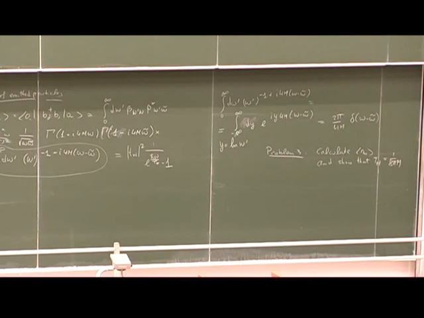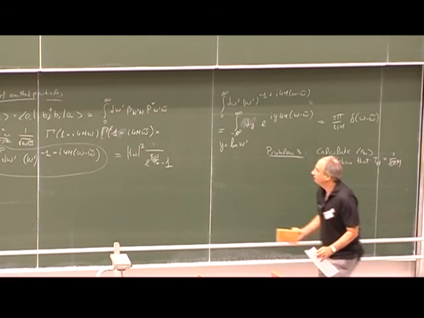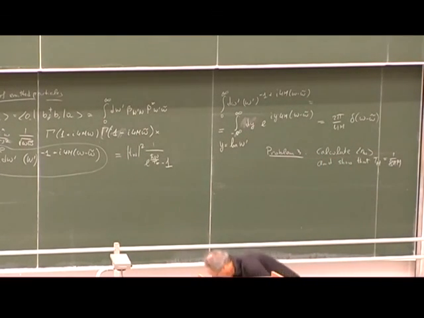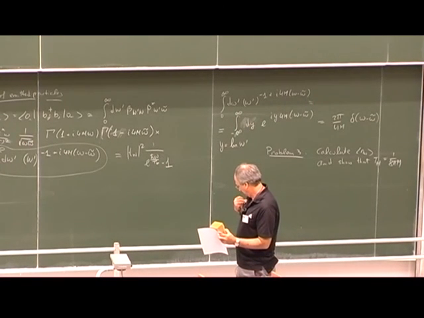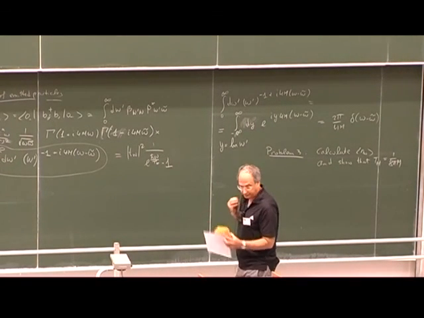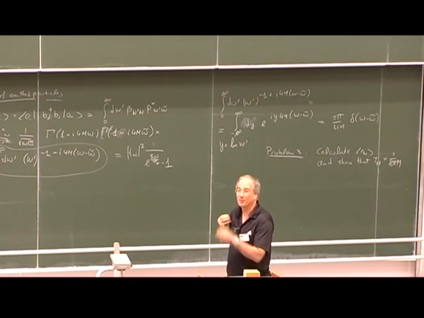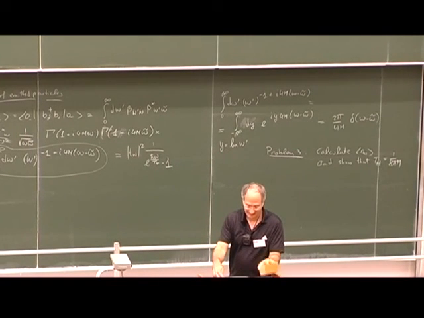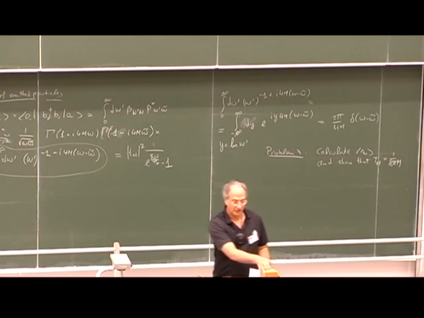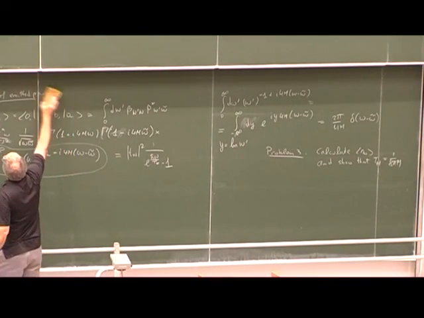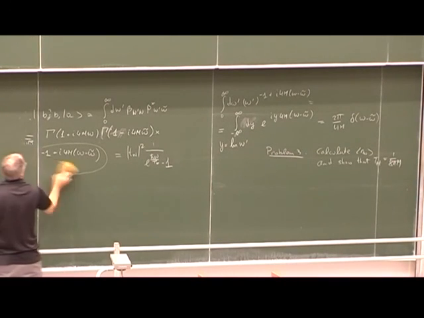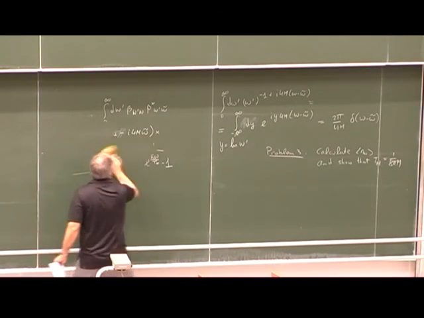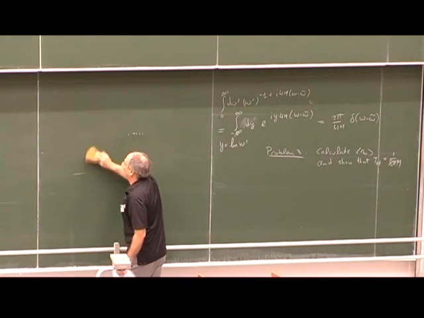Problem 4 is essentially: go through the steps leading to the conclusion that the density matrix is diagonal.